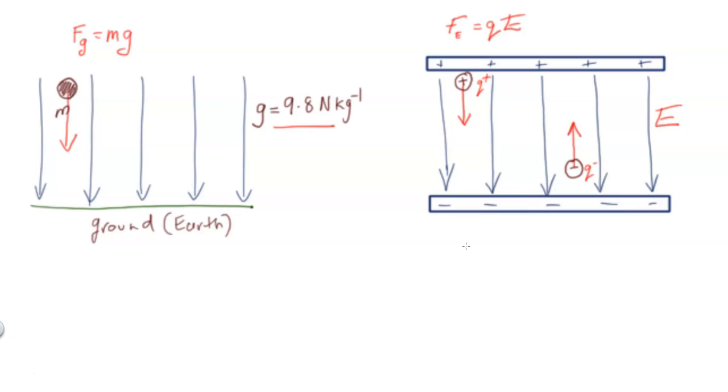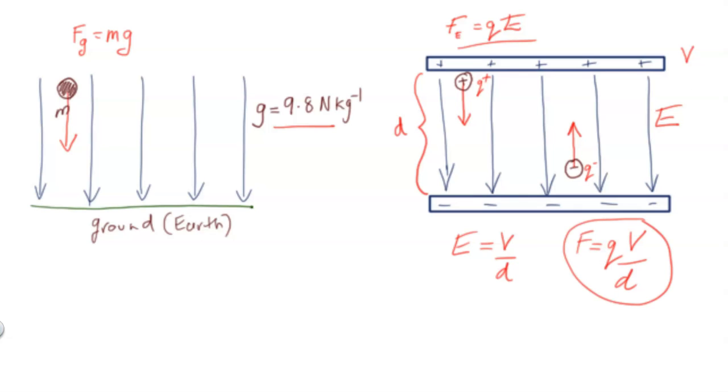And we know we can calculate the electric field strength if we know the distance between the plates and if we know the voltage across the plates, and then we can calculate using that. You can substitute this into this equation here, so you'd end up with Q times V over D. So it gives you an equivalent value to that one.